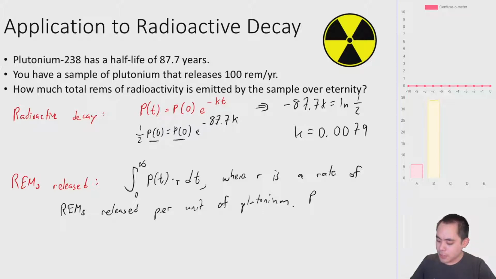And we know that P of 0 times r is equal to 100 rem per year.